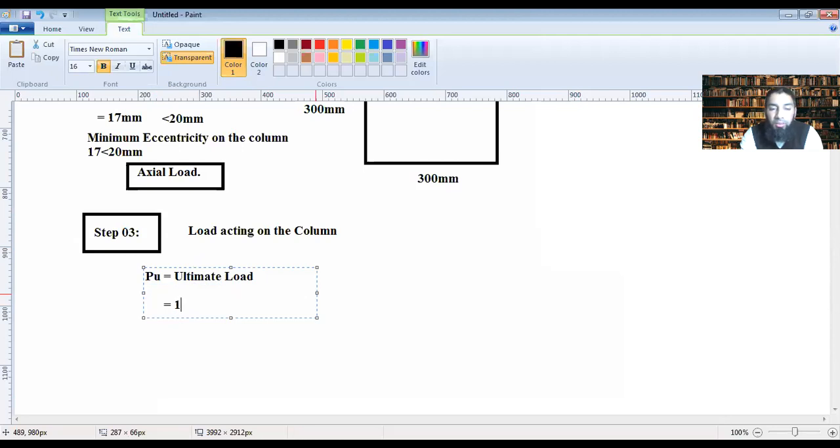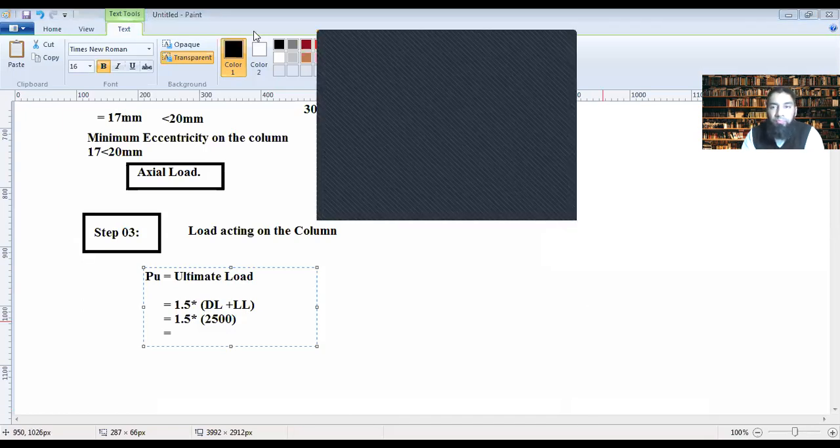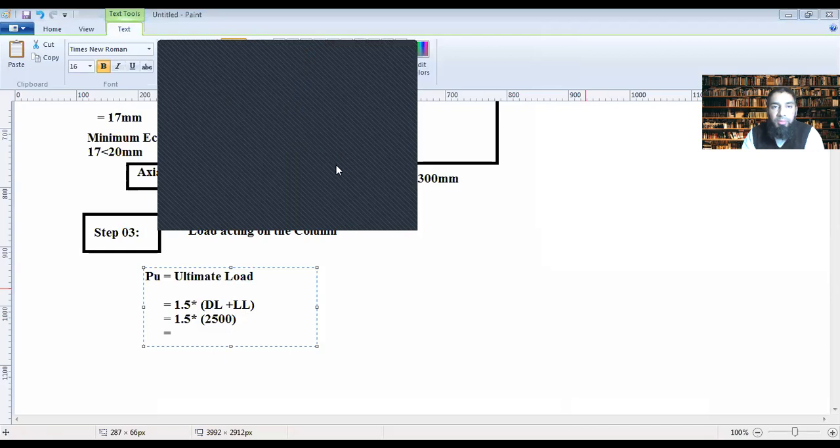Now how much will the ultimate load be? It will be 1.5 times the dead load plus live load. So how much is that, of 2500? How much does this come to?